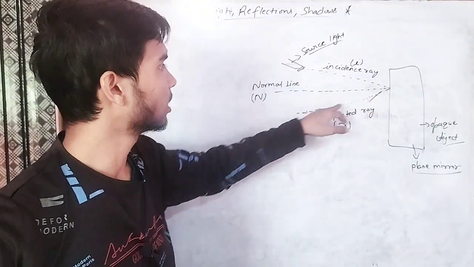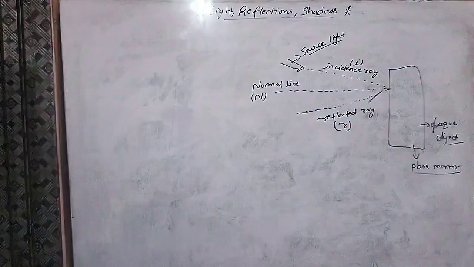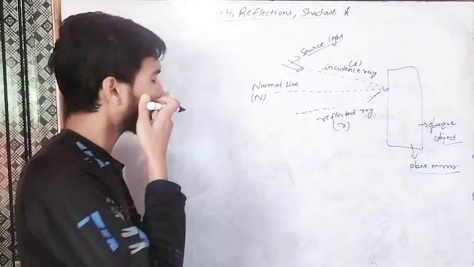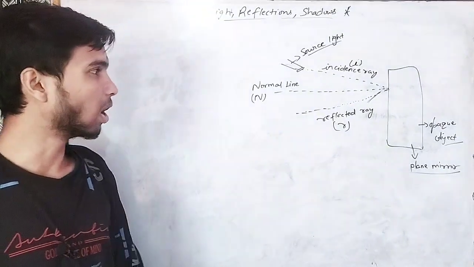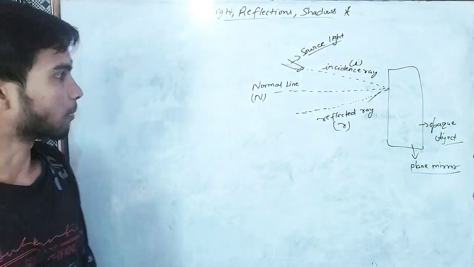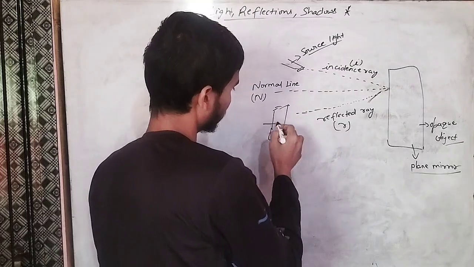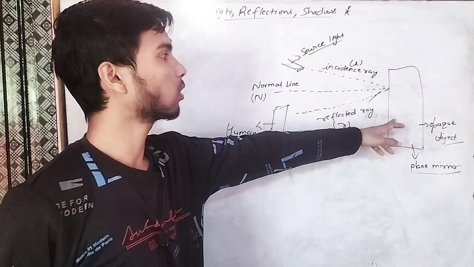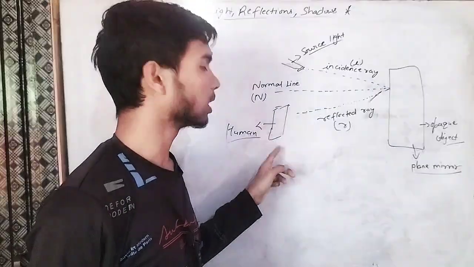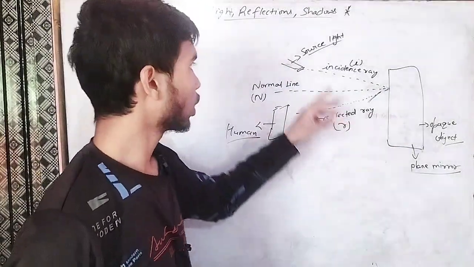It is getting reflected by hitting this surface. Here we see our image inside a plane mirror. How does it happen? We are in front of a mirror.